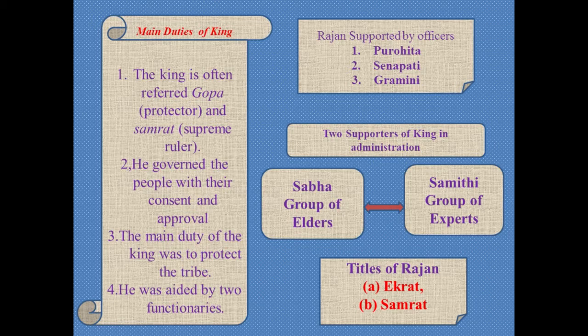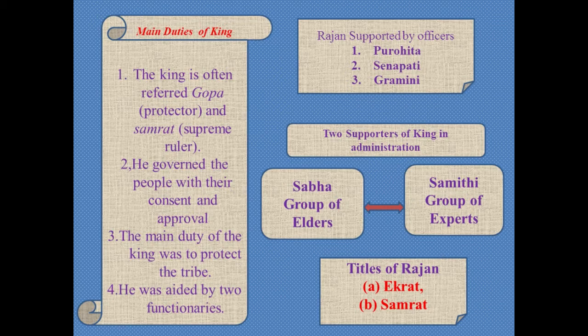The major duty of the king was to protect the tribe, because more often there used to be quarrel and conflict among different groups of Aryans or different groups of tribes. So to keep them safe and protect them from any harm from the enemies, he had to defend his kingdom.